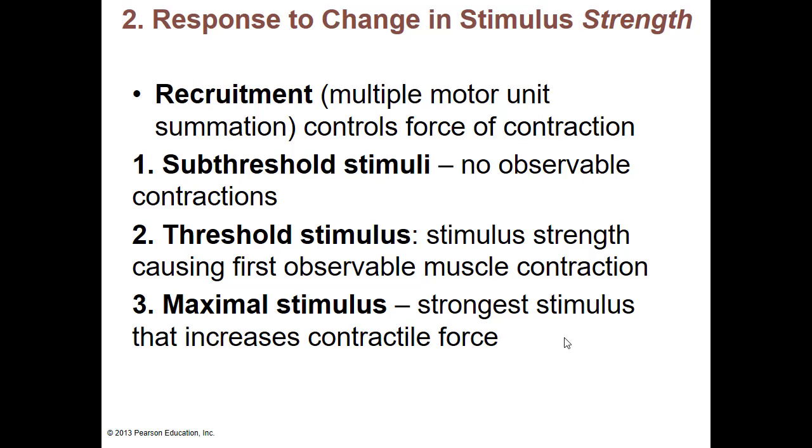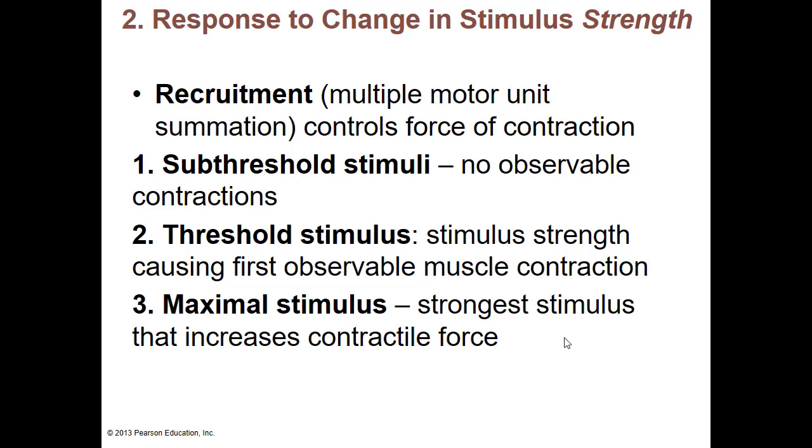That's your subthreshold. Threshold means it's just strong enough that you can now see an observable contraction. You've now recruited muscle fibers to contract. And then maximal stimulus is the strongest stimulus, the largest electrical signal that we can send our muscle, where you're not actually going to see any other increase in muscle contraction after that.